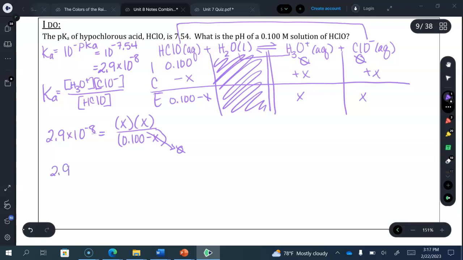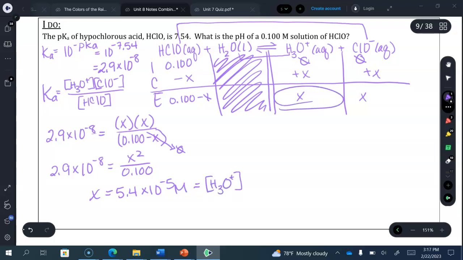So then we simplify and solve for X, and when you solve for X, you should get 5.4 times 10 to the negative 5 molar. That X is equal to the concentration of the hydronium ion from our ICE table above.